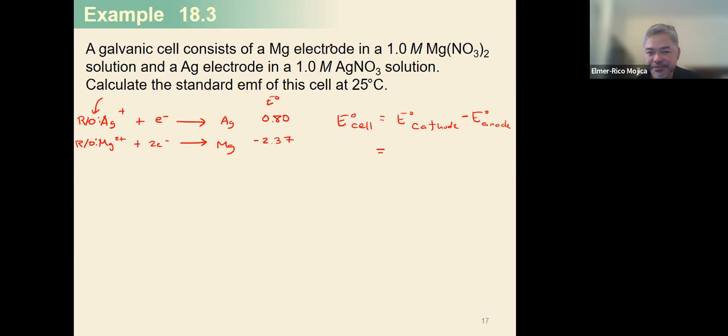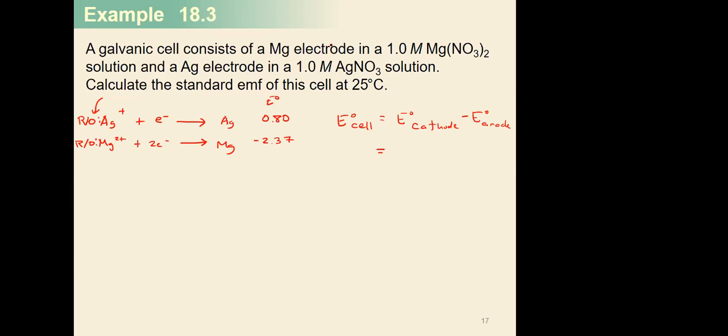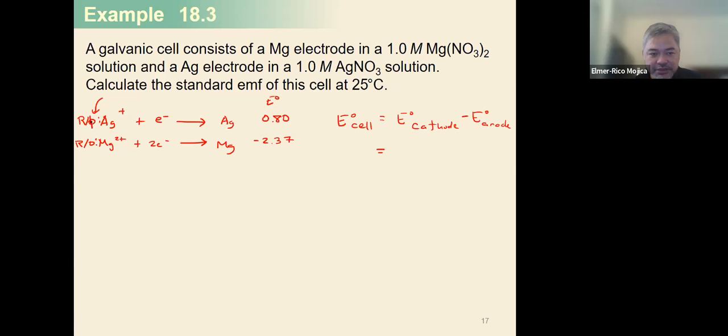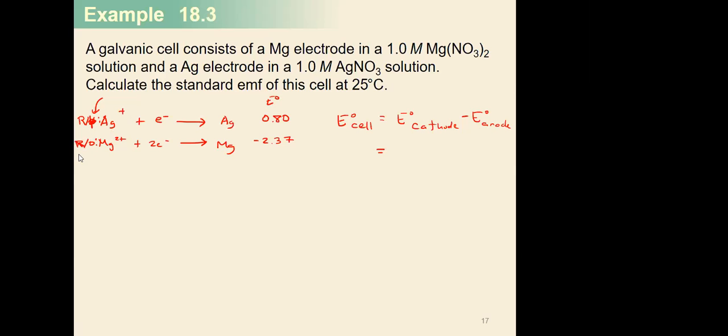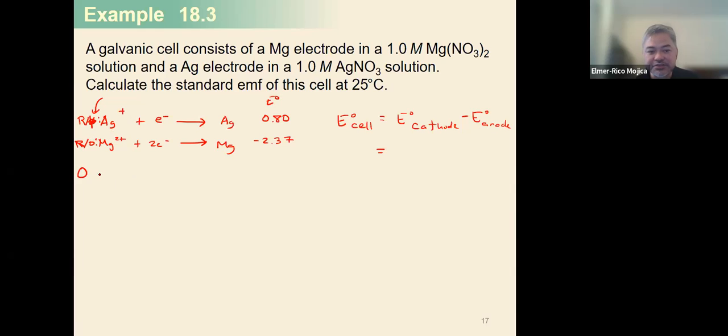Anyone? Hello? Silver is reduced. Okay, silver is the one that is reduced. So in that case, magnesium is the one that is going to be undergoing oxidation. So if it undergoes oxidation, it will become like this, right?